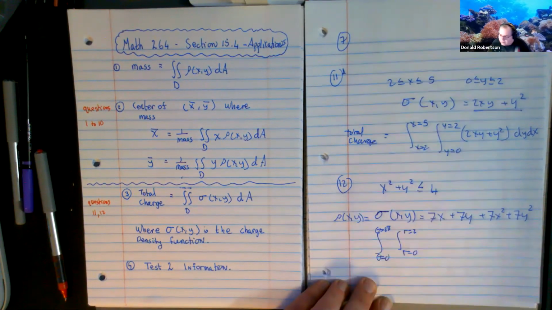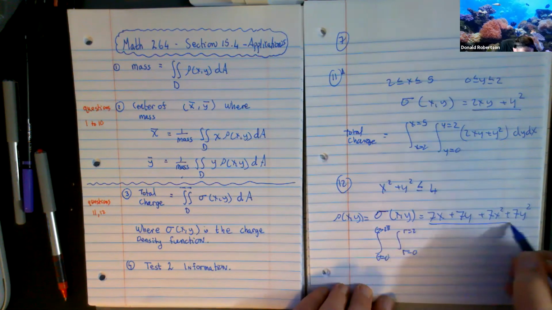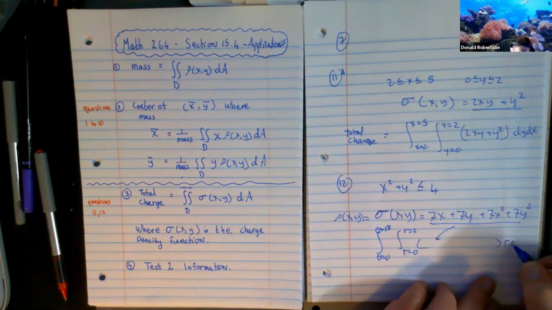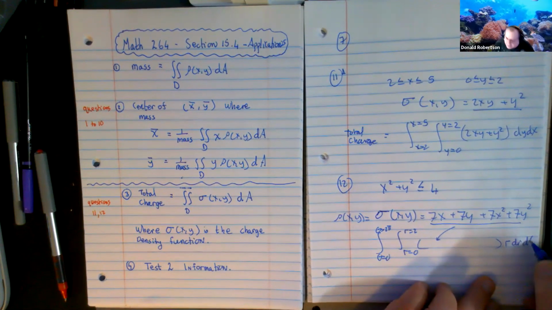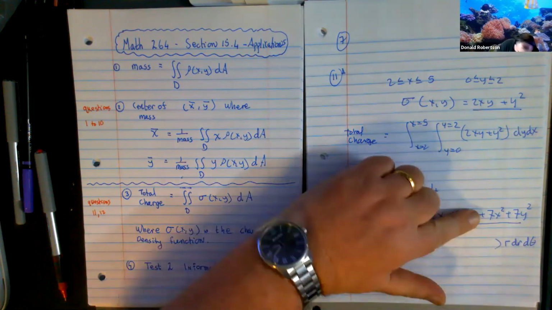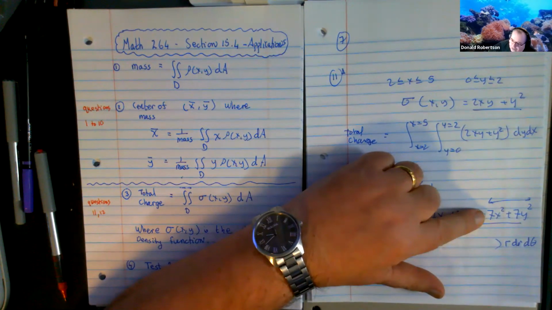Agreed. The density function is this ugly mess, goes in here. And then you'll finish with an r, dr, d theta, right? So this bit here, just these two guys here, in polar form, what does 7x squared plus 7y squared look like? 7r squared.